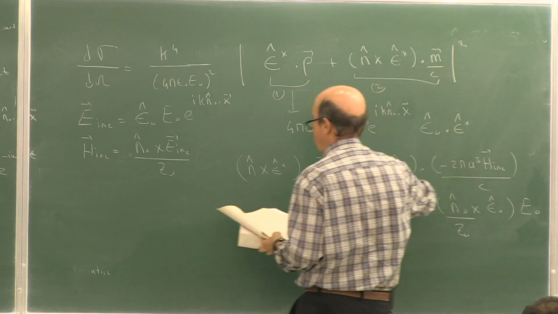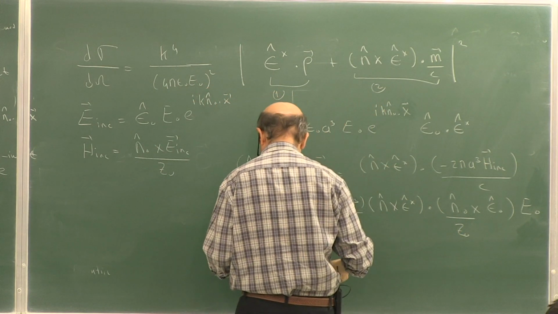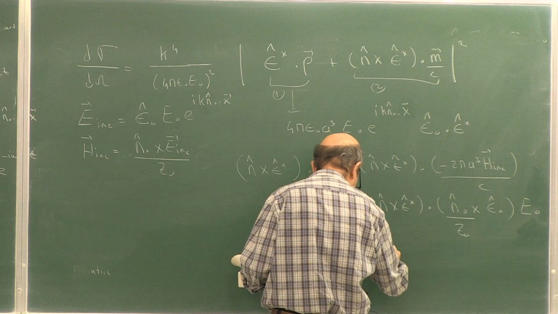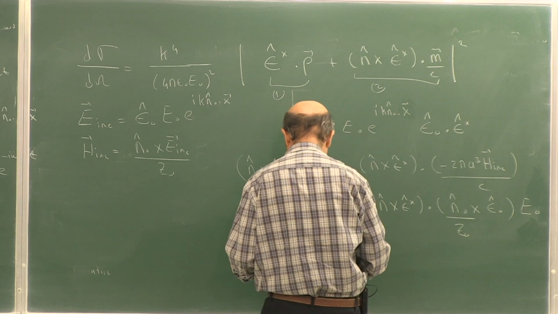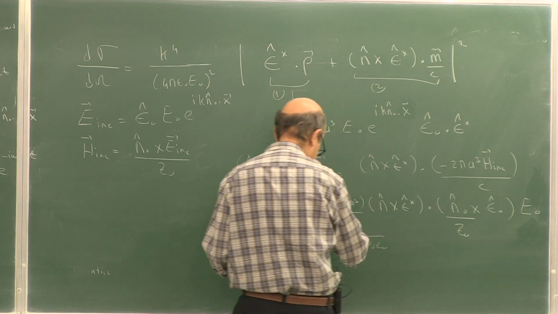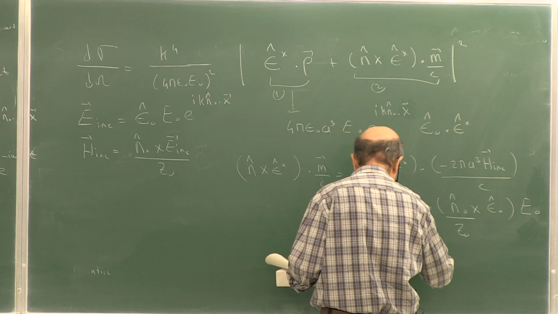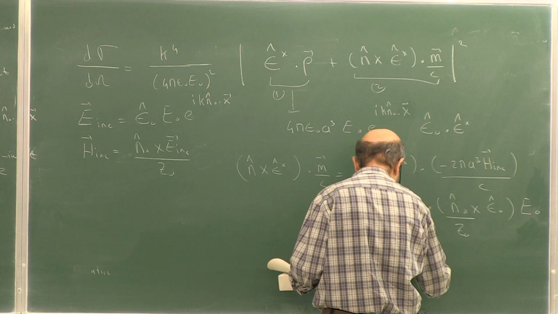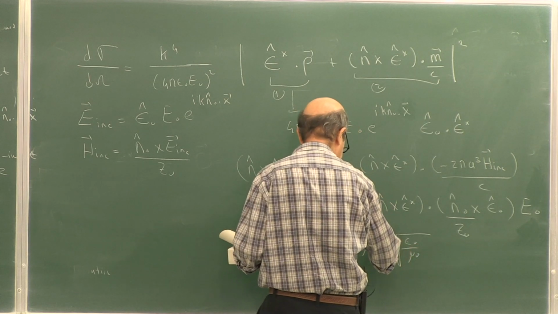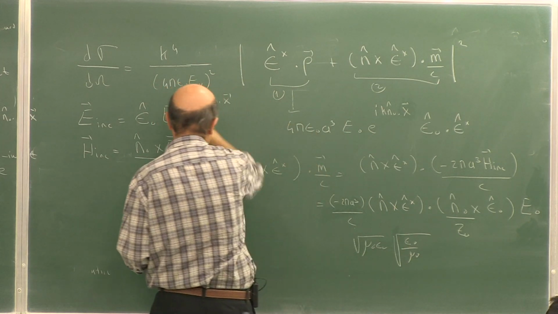When I take the square of this, this E0 will be cancelled, and the rest is this coefficient. What is that coefficient? That is nothing but the square root of mu 0 epsilon 0. 1 over c is equal to the square root of mu 0 epsilon 0, and 1 over impedance is equal to the square root of epsilon 0 over mu 0, and the mu 0 terms will be cancelled. Epsilon 0 goes out as epsilon 0 square, and that will be cancelled with that term.